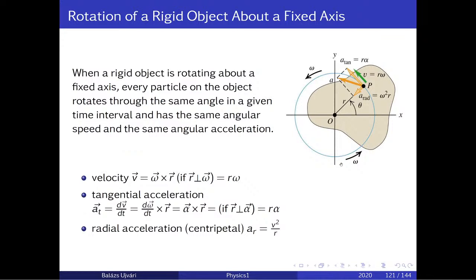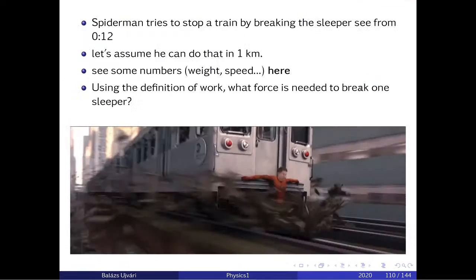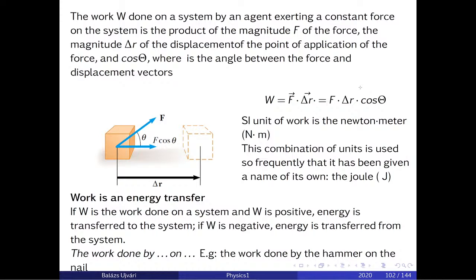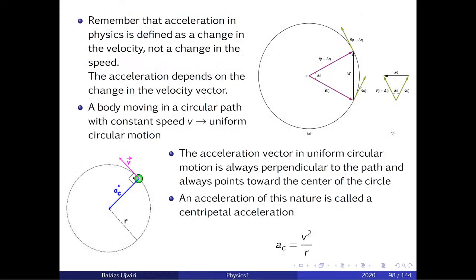There are two kinds of acceleration we can talk about. One is the so-called radial or centripetal acceleration, which is true even if the velocity or angular velocity is a constant. This comes from the fact that even if the speed of one point of the circle is constant, the speed is the length of the velocity vector.